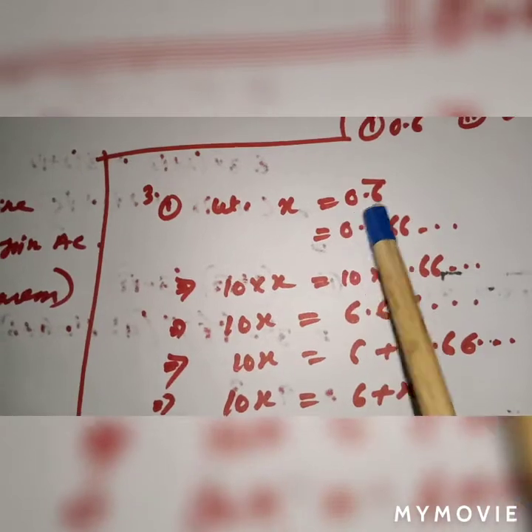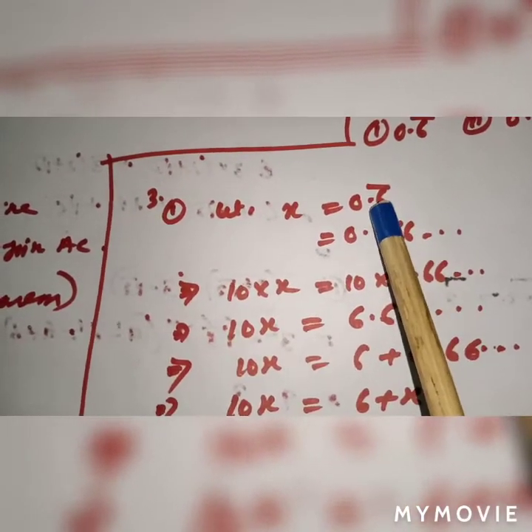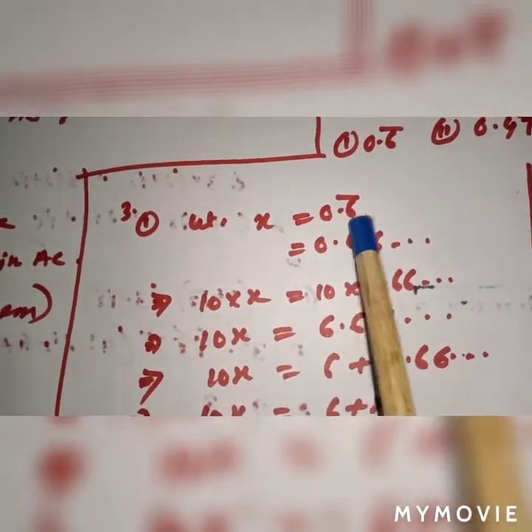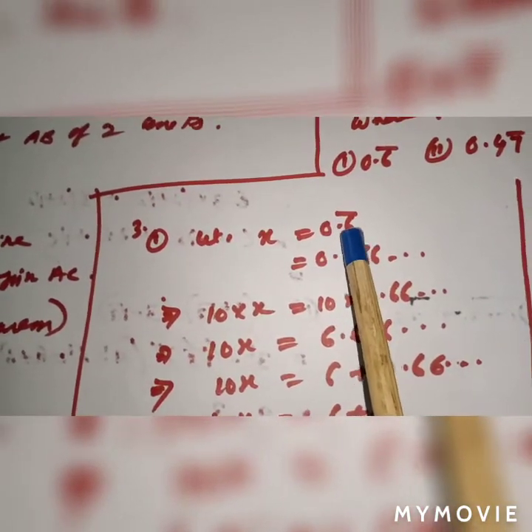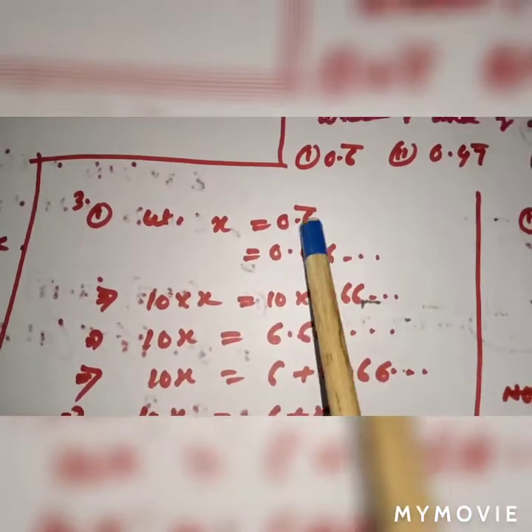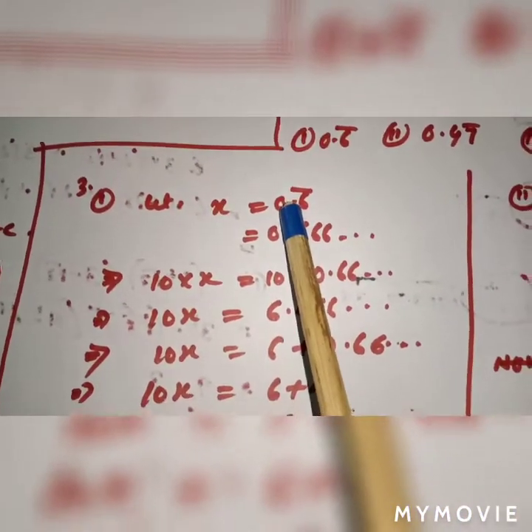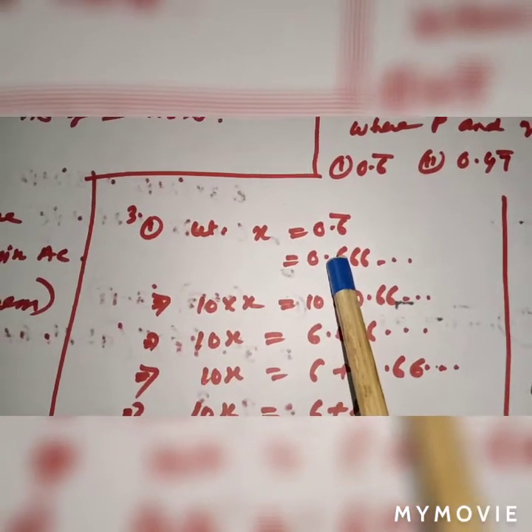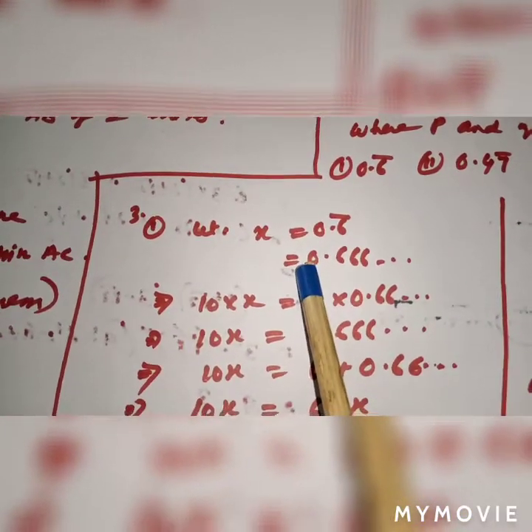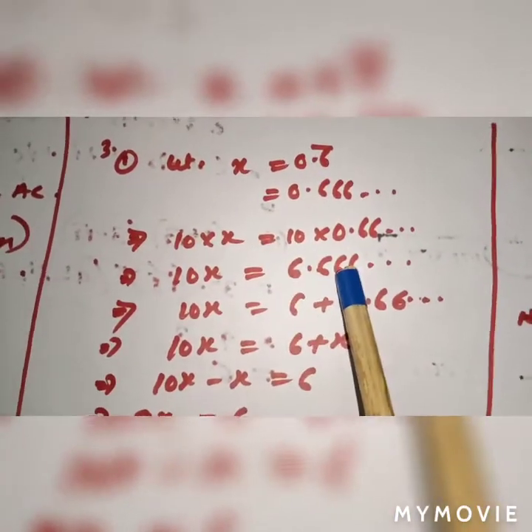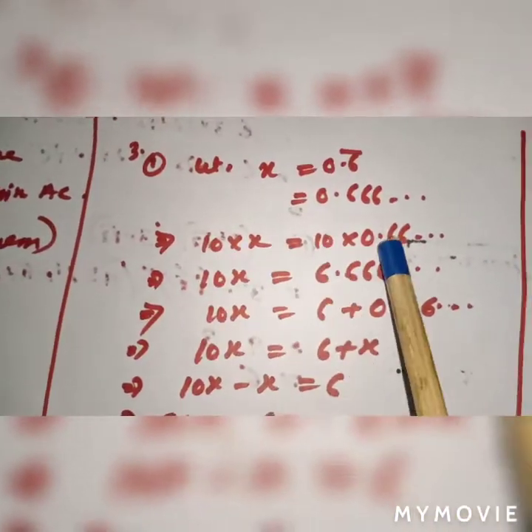So the digit which is repeating, try to take it to this side, before the decimal point. That is why if I multiply by 10, then 6 will come on this side, because multiply by 10. So if you multiply 10 into 0.6, it will become 6.6. That is multiply by 10 on both sides.